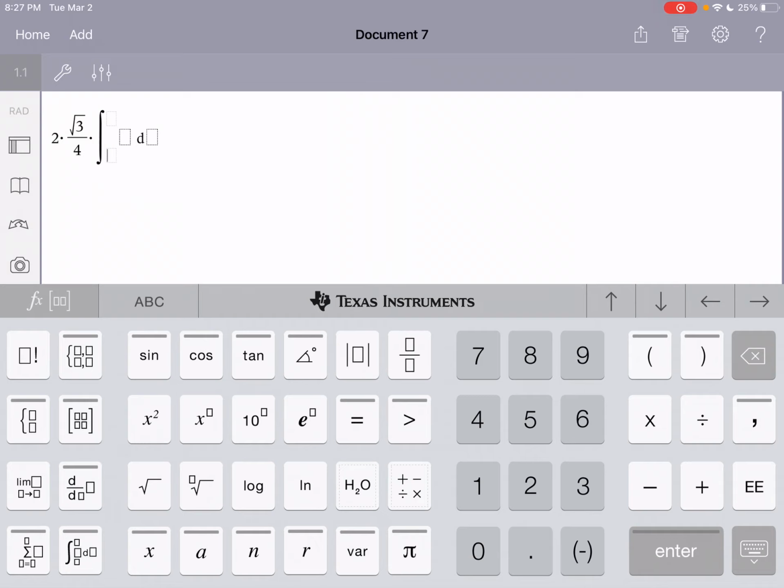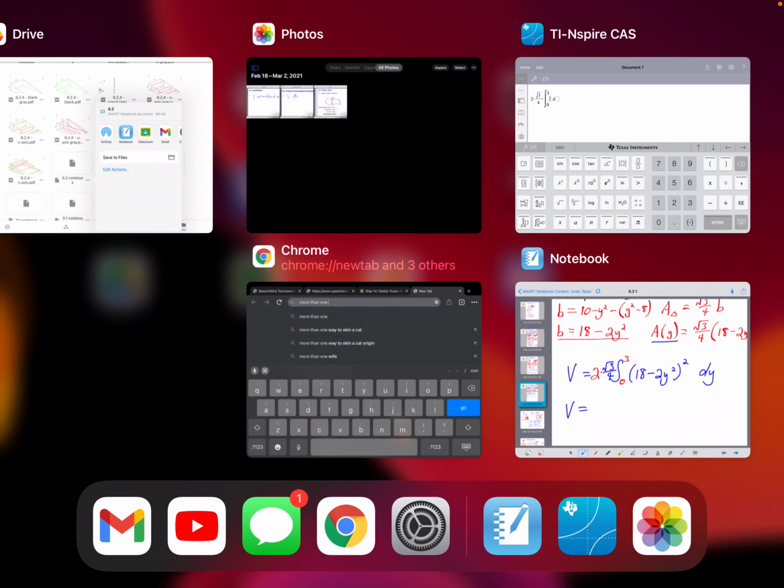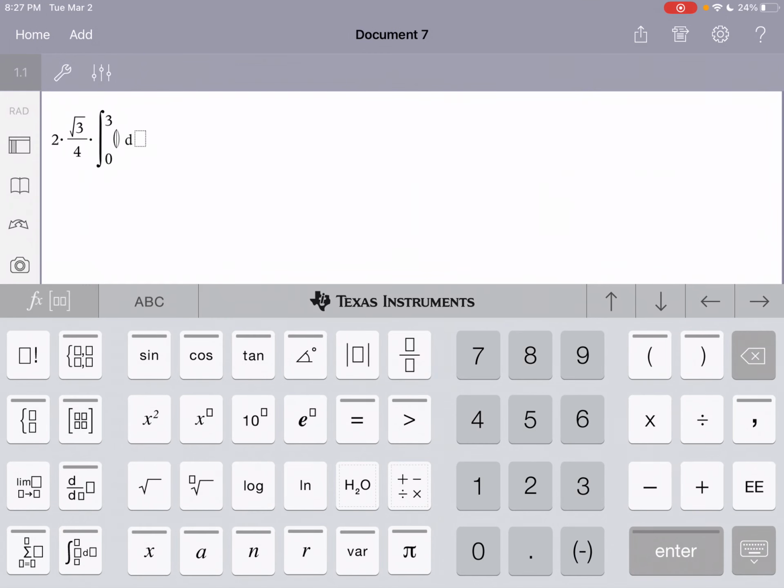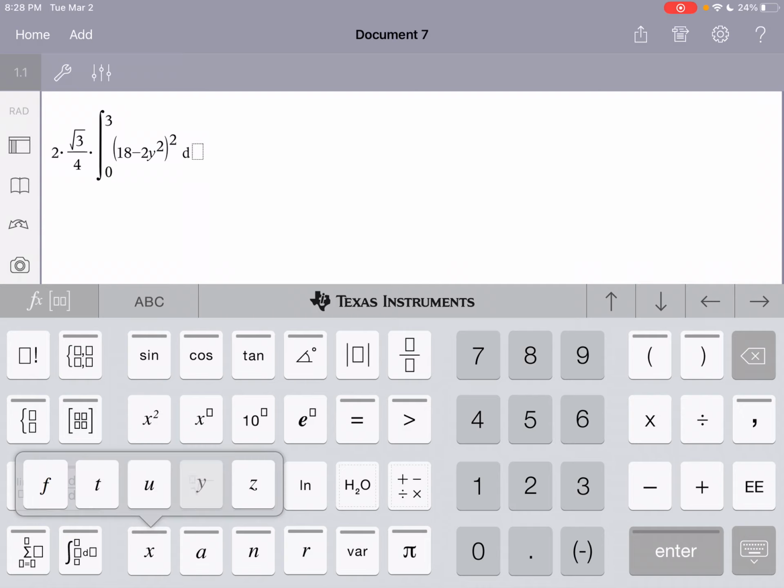The definite integral starting from 0 and ending at 3. And then our integrand, everybody, let me make sure I've got this right, 18 minus 2y squared, quantity squared. So 18 minus 2y squared, okay, close the parenthesis, quantity squared. And we're integrating all of that with respect to y.